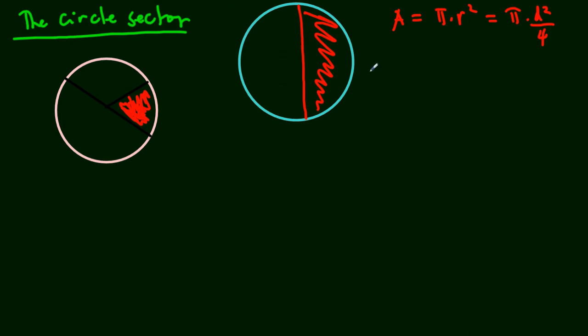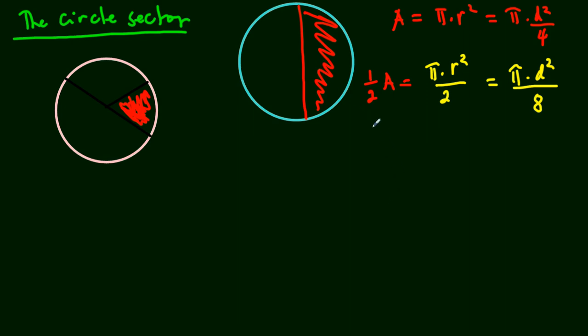So if I'm going to have just the half of the area, then I need to put half of that, which is equal to pi times d squared divided by, half of 1/4 is 1/8, as you can see now.